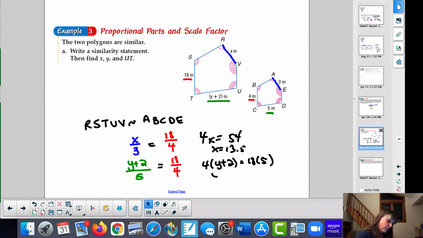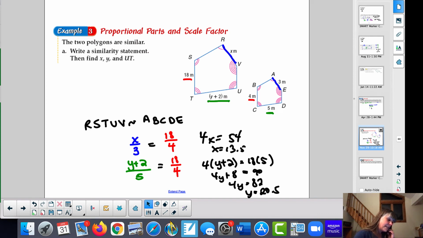So I get 4y plus 8 equals 90. 4y equals 82. So y is 20.5.